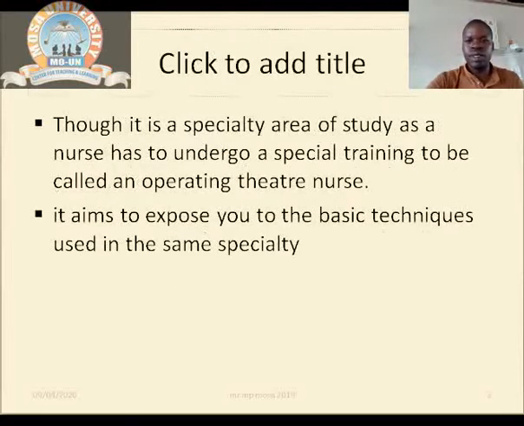Though it is a specialty area of study, and a nurse has to undergo special training to be called an operating theater nurse, we just want to give you some basic knowledge which you must have before you start working in theater. But if you are to become a theater nurse, you need to undergo 1 year of training to be called a registered theater nurse.